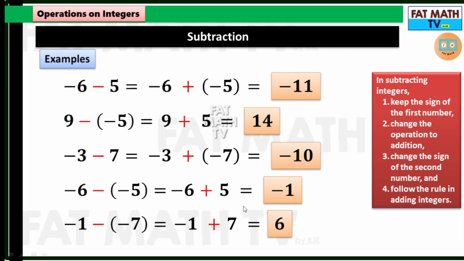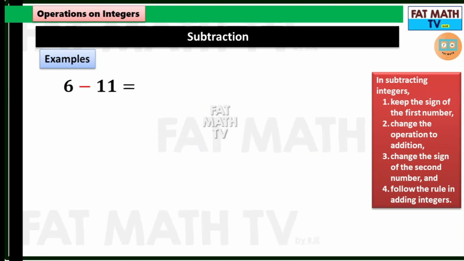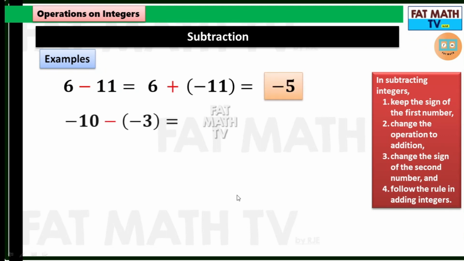Let's have more examples. 6 minus 11 is 6 plus negative 11, that is negative 5. Negative 10 minus negative 3, that's going to be negative 10 plus 3. Negative 10 and 3 have different signs, so subtract.